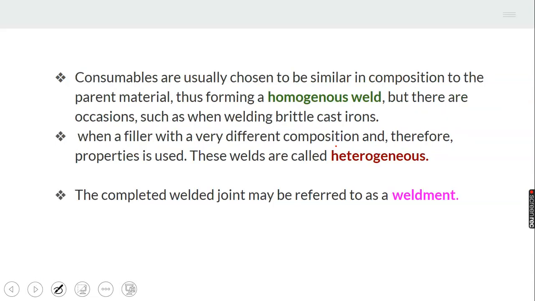Consumables are usually chosen to be similar in composition to the parent material. That means if you want to get the consumable or the filler, you must know the type of material the parent material is made of. You will buy such material as your filler in order for the welding to be done effectively.